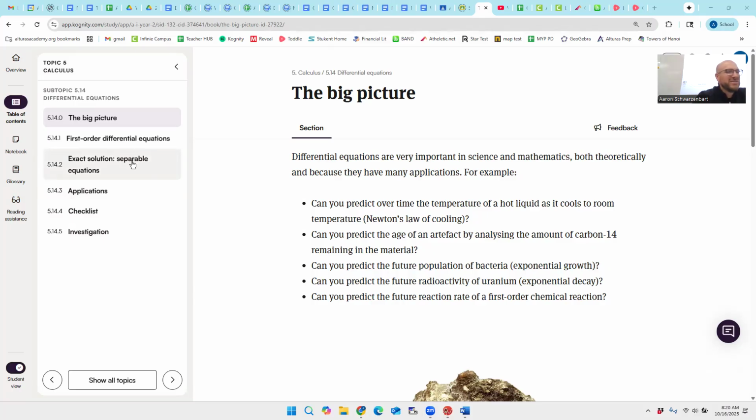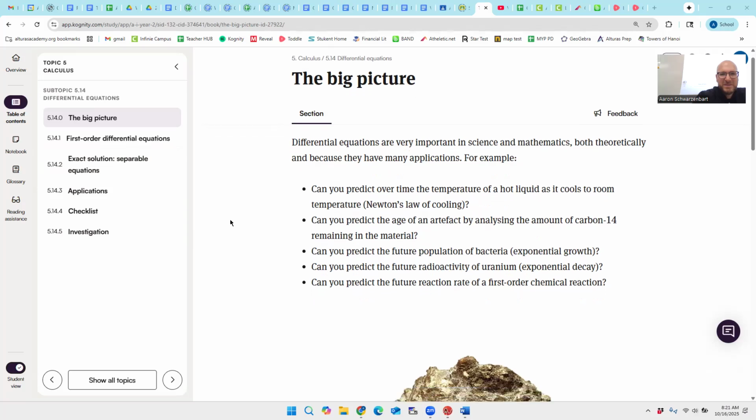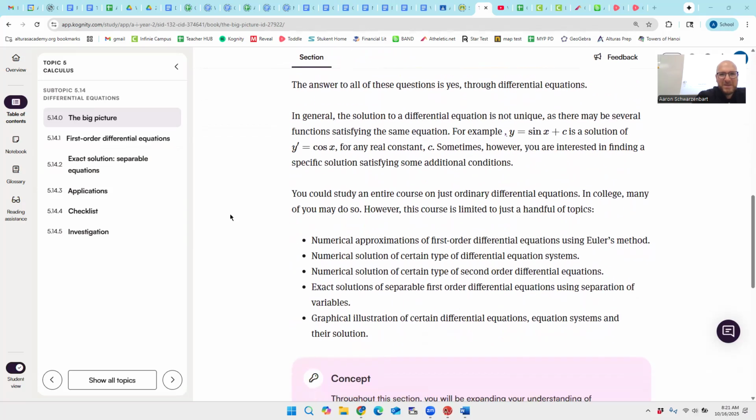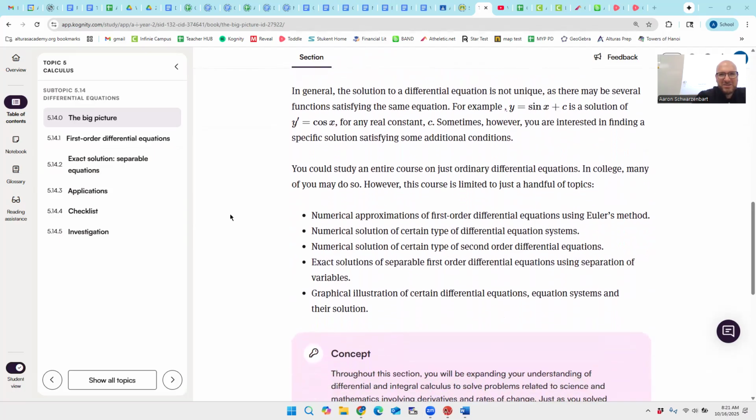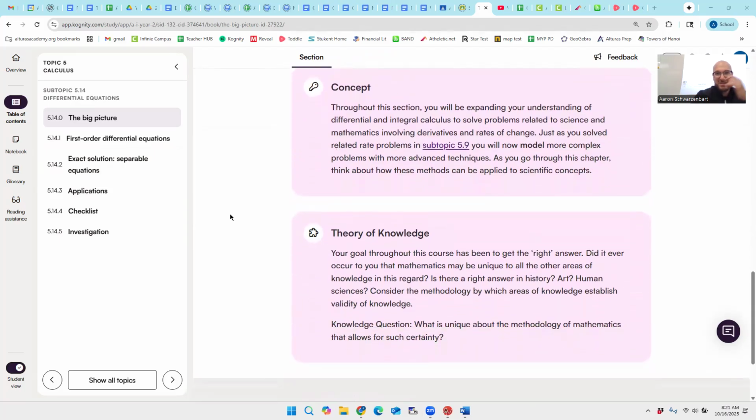Don't miss other points by trying to earn a point on a diagram that you probably won't get right anyway. Or don't miss 10 points to try to earn one. So the answer to all of these questions is through differential equations.